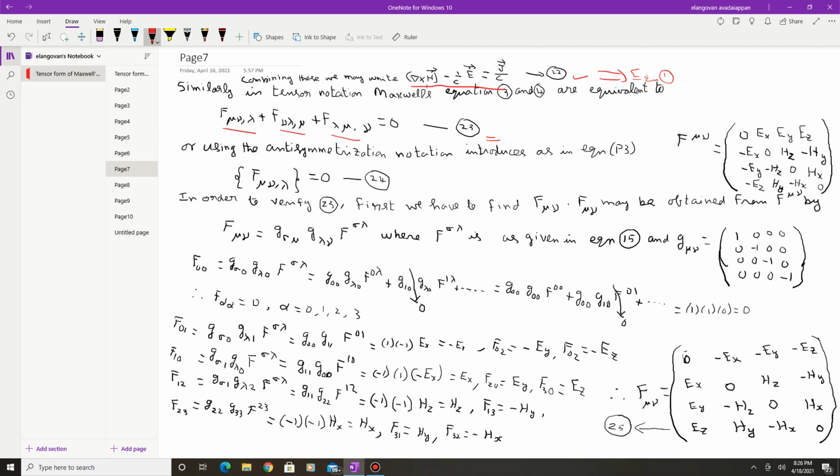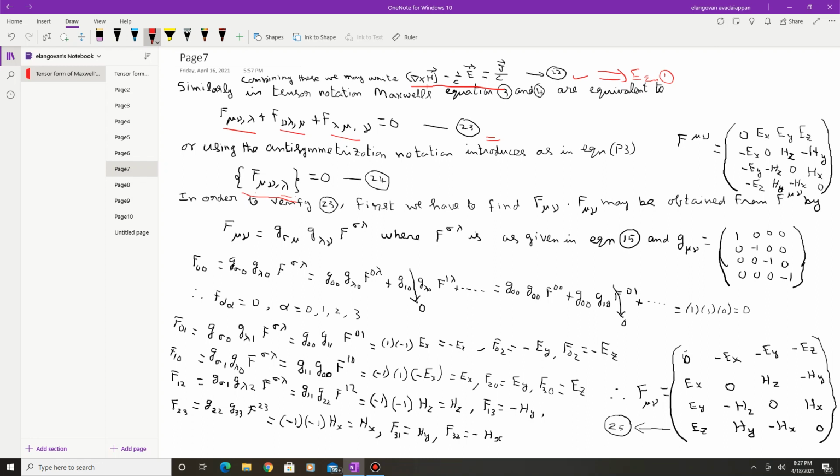If it is an antisymmetric tensor, then we can write f mu nu comma lambda within the bracket, within this curved bracket, as an antisymmetric tensor. So this equation 23 can be written like this, because we have already discussed this in property 2, P2 and P3.